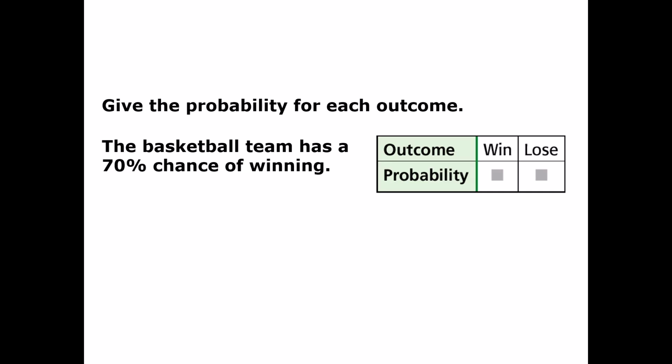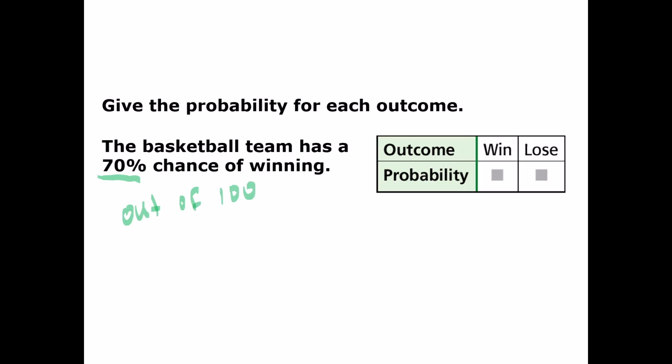All right, now let's actually calculate a probability. We want to calculate the probability of winning or losing, and it tells us that a basketball team has a 70% chance of winning. We know that percentages are out of 100.